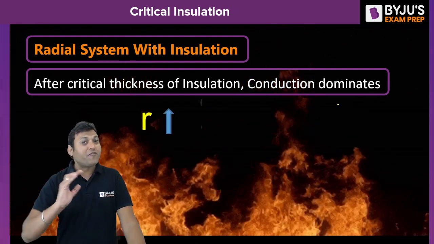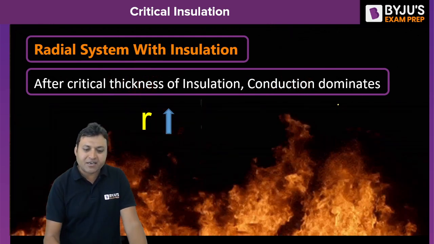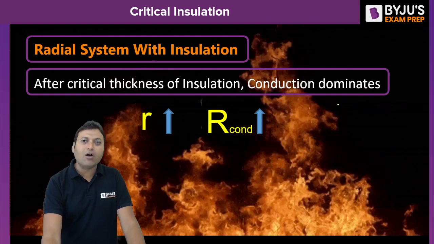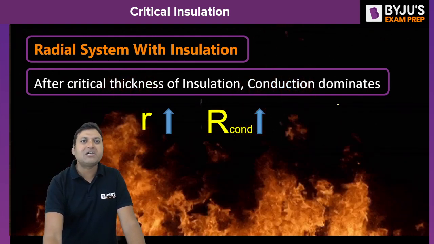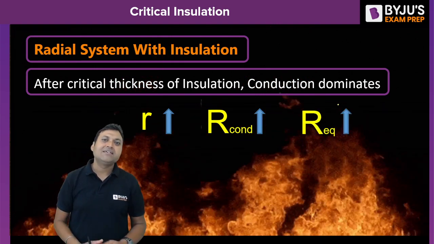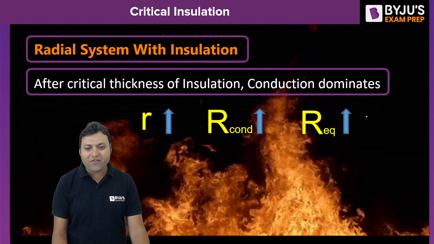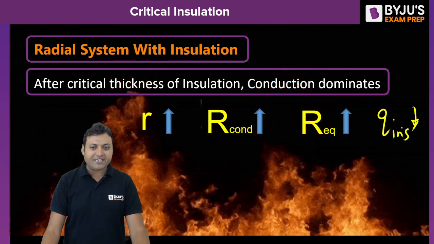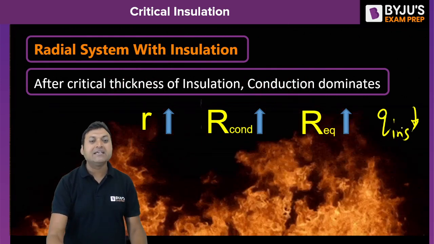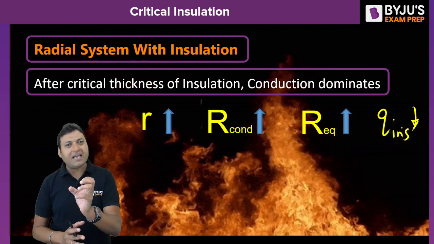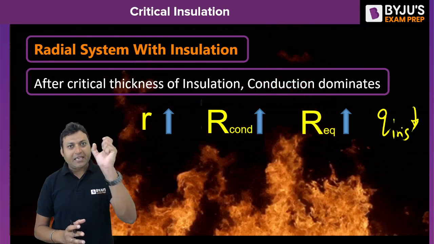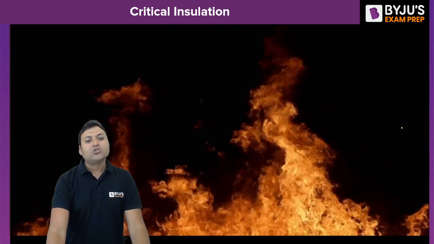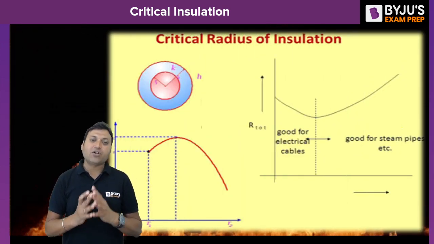By further increasing the radius of insulation, the conductive thermal resistance will also increase because it is directly proportional to LR, and that will increase the equivalent thermal resistance, and Q with insulation will start decreasing. So what we have observed is that initially, up to some thickness, the heat transfer rate is increasing, and then it will start decreasing. So we can find the critical radius of insulation.